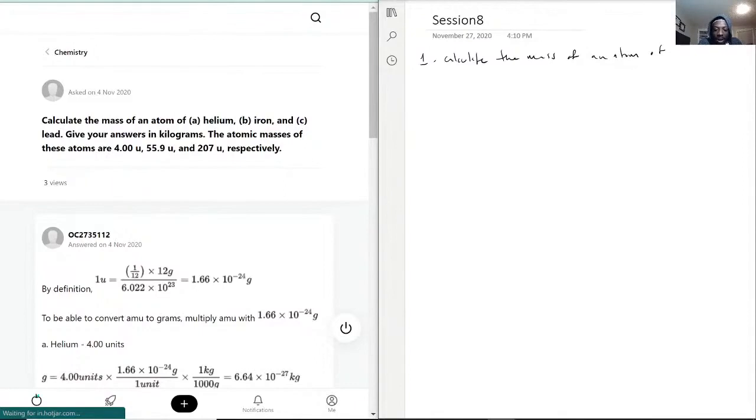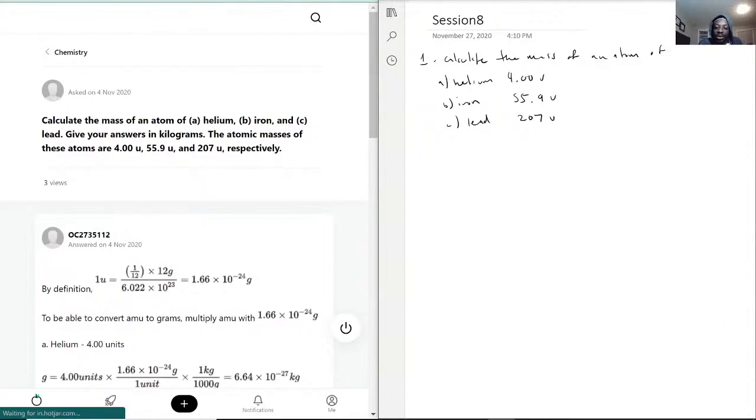Actually, let me just put it as they did: helium, iron, lead. Okay, and the atomic masses for these atoms are 4.00 units, 55.9 units, and 207 units respectively.